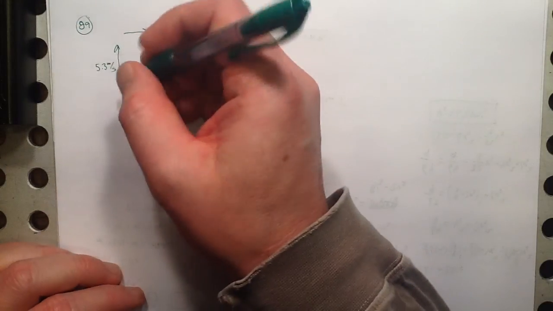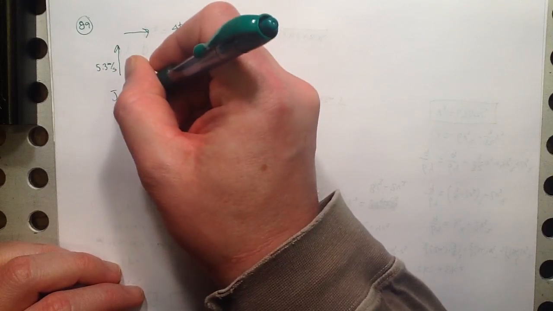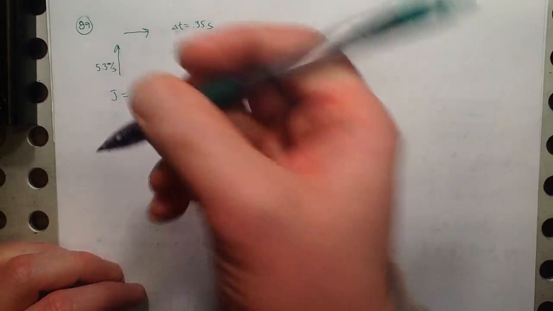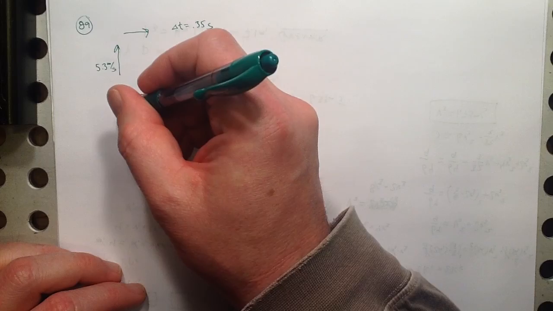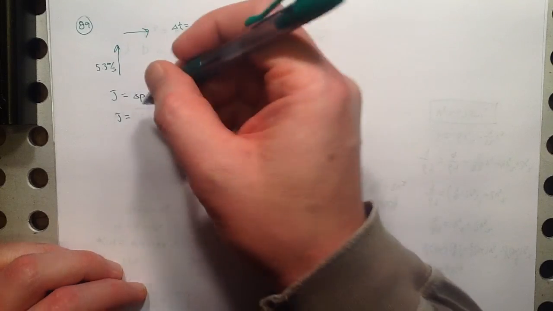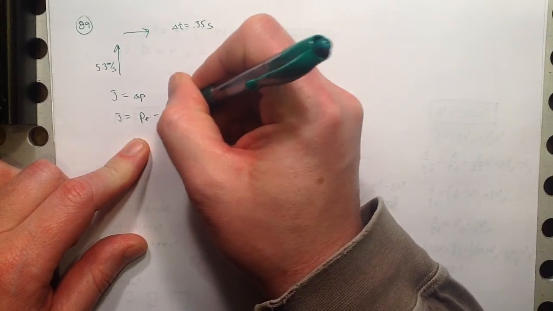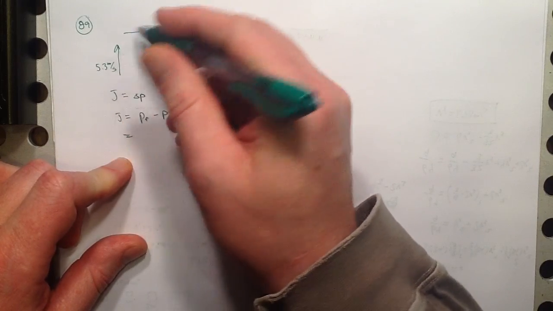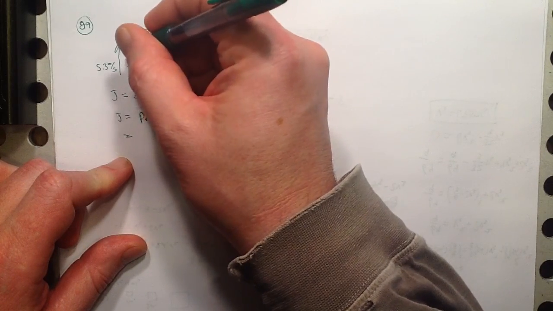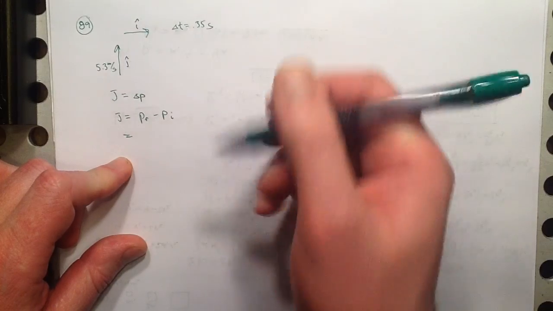So I'm going to go ahead and operate under that assumption. So impulse is equal to change in momentum. So let's see, the impulse, that would be equal to the final momentum minus the initial momentum. Of course, these are vectors here, right? So I'm going to call this the positive j direction. This is the positive i direction.